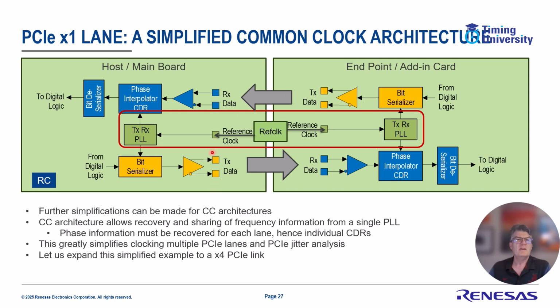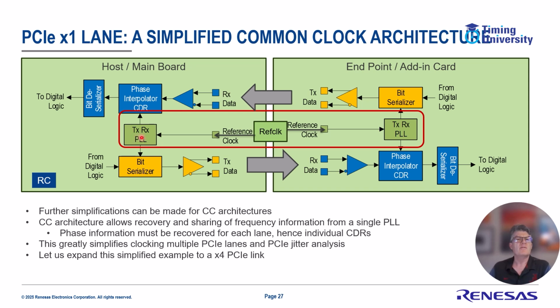So here we go back to the by one lane, and we see that if we declare a common clock for the entire system, here we show it with a ref clock in the middle, and then over here, because the clocks are common, we can combine the transmitter and the receiver PLLs into a single PLL.